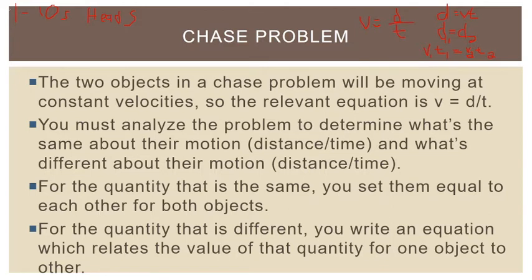Let's say that object 1 finished the race in 60 seconds. If object 1 finished the race in 60 seconds, I hope everybody realizes that when we say that that person got a 10-second head start, it means they were traveling for 10 extra seconds.